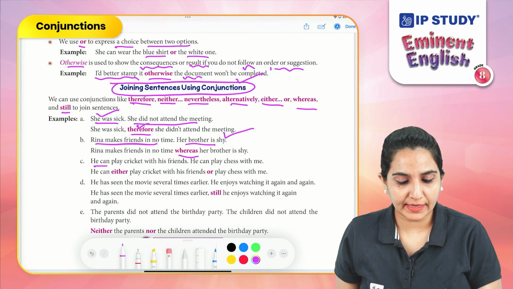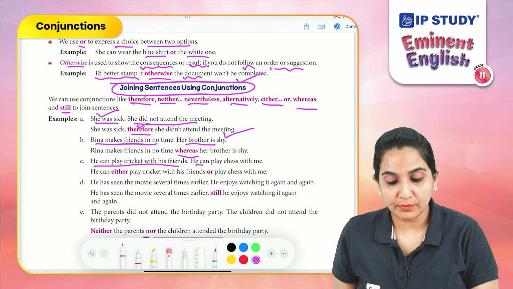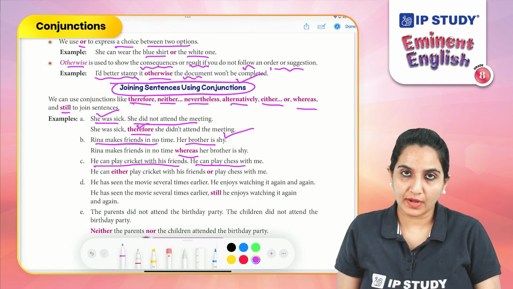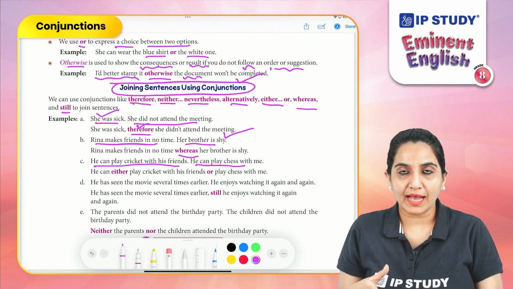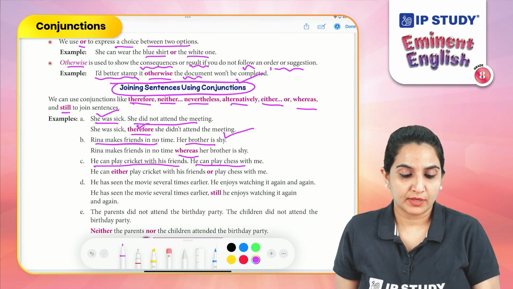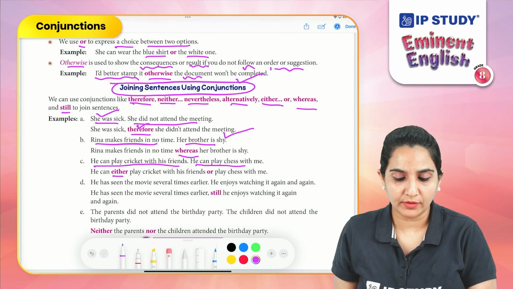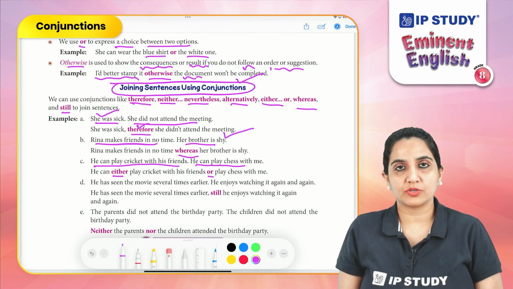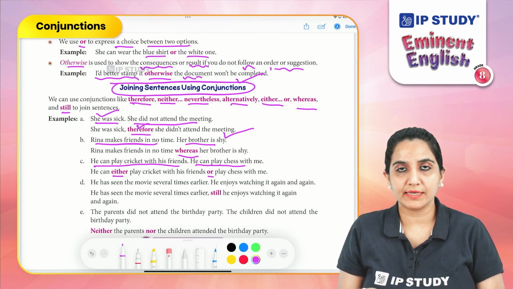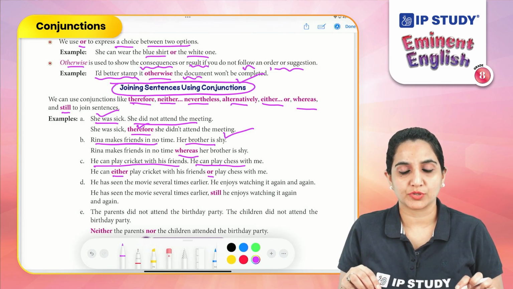He can play cricket with his friends. He can play chess with me. Now, here we have a choice. So we can use the conjunction either or. Either or is a conjunction. You use it together in a sentence, but in a different position. There should be a gap between their positions.